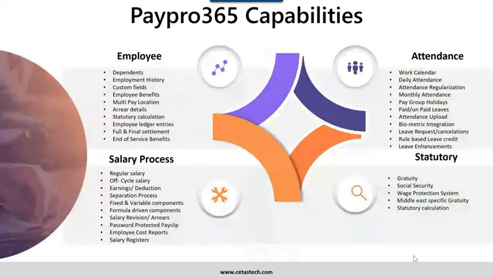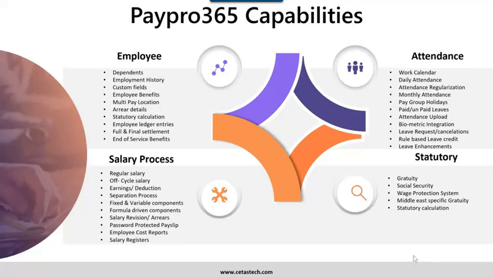This is more in detail, which my colleague Prakash Krishnan will be covering during his demo, wherein when I look at my employee records, it has the employee details and dependent details. You can create your own custom fields, for example, Emirates ID expiry dates, passport expiry dates, visa expiry dates, driving license expiry dates.